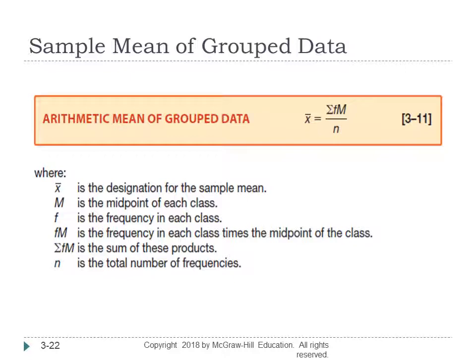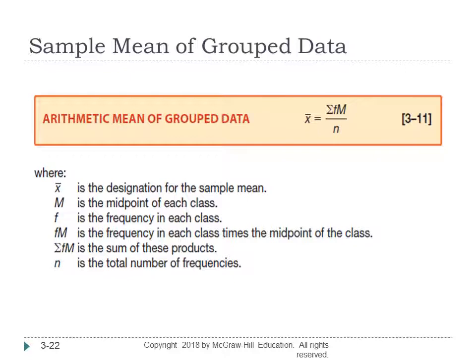Now for grouped data, remember grouped data, like the example we did in the last tutorial, here the data is divided into classes, and the frequency of each class represents how many data values are in each class. For that type of data, for each class, you already have the frequency recorded. You also need to calculate the midpoint of each class.